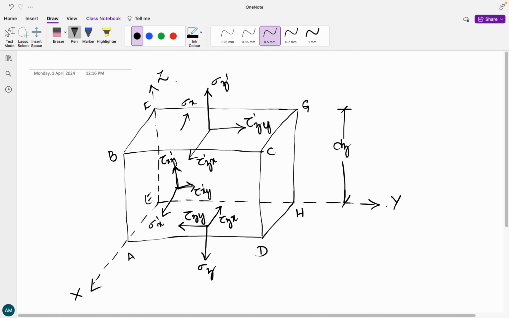Then for this one, I'm writing with respect to the x axis, so x parallel to y, y. So let us just write the negative directions for this. So this is going to be tau xz dash here. So this is tau xz, and then this is tau xy dash, so this is tau xy.